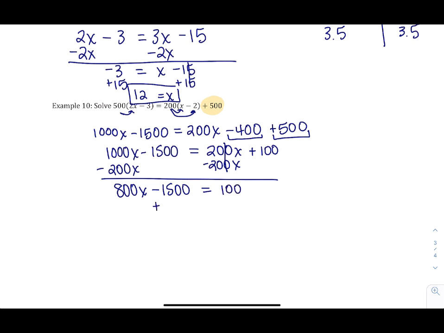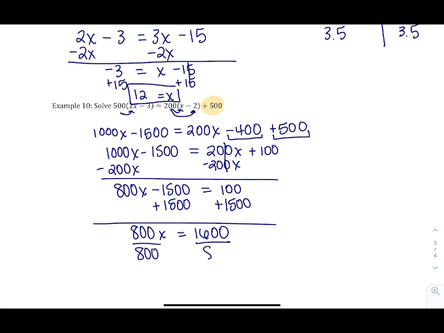Now, to continue trying to isolate, I'm going to add 1500 to both sides. That gives me 800x equals 1600. And then divide by 800, and 1600 divided by 800 is 2.